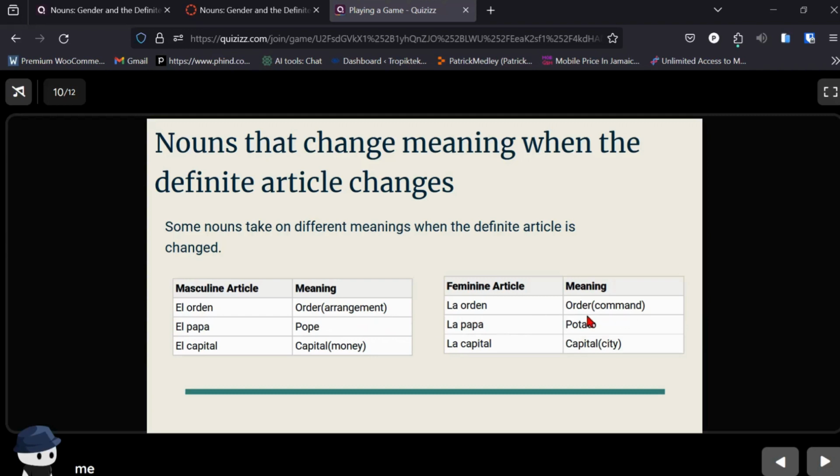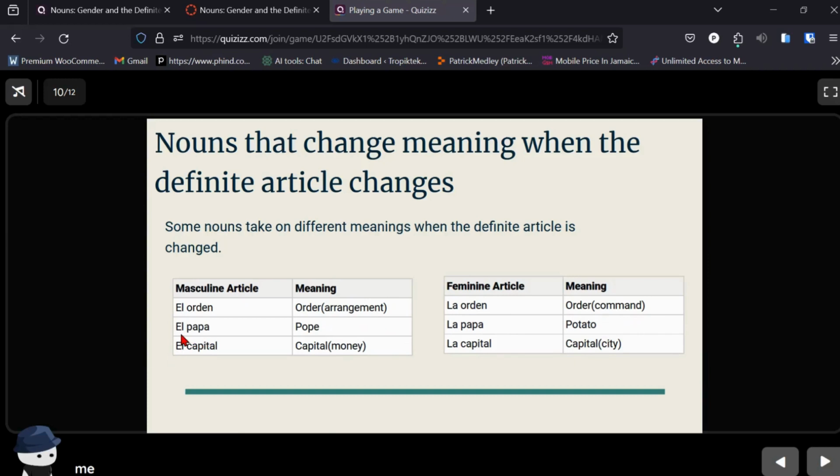La orden, which is a command. So when I order someone to do something, or when I order my books in a row, when you're ordering something, you're organizing, so you have a certain order to something. So that's the difference with el orden and la orden. It changes the meaning.